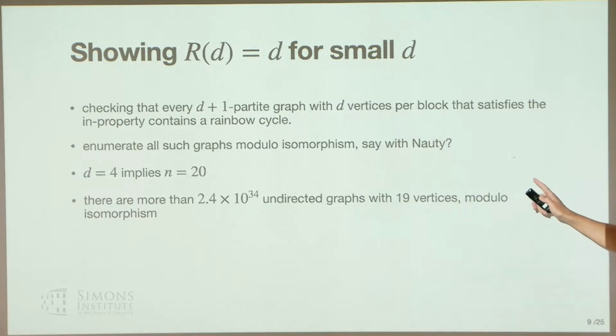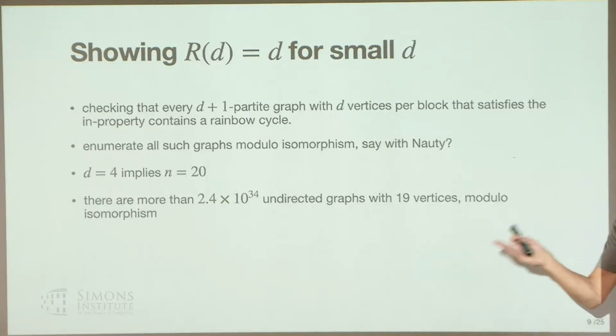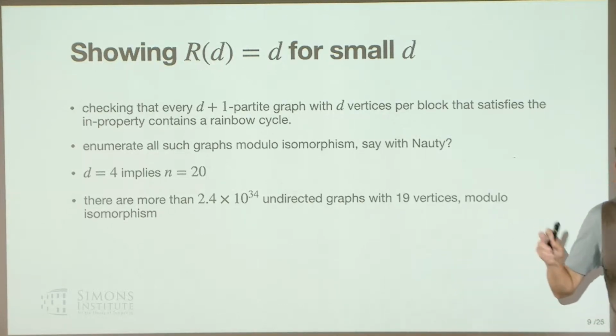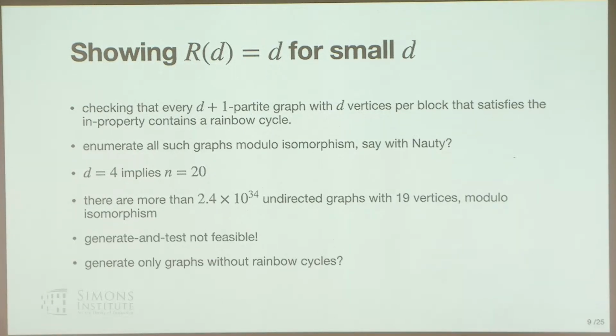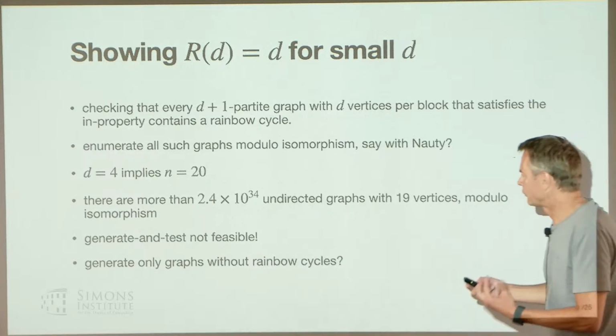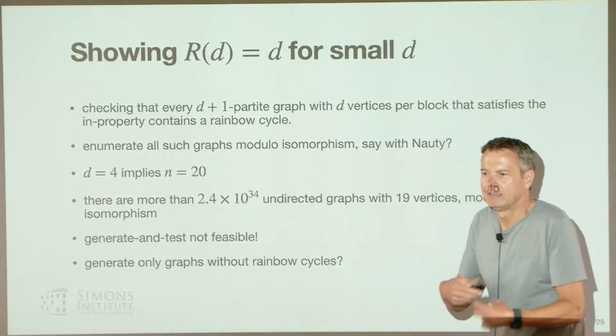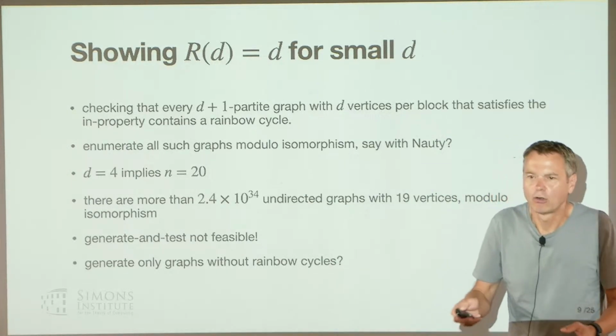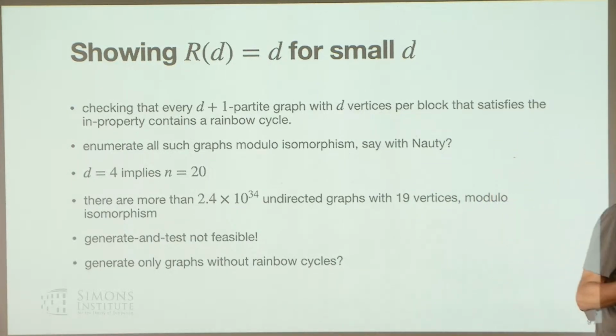One can also do degree constraints in Nauty, to be fair, and make it a little bit more efficient, but still, generate and test, generating all possible graphs and checking for each of them whether it contains a rainbow cycle, is not feasible. So it would be nice to generate only graphs without rainbow cycles, to take into consideration the properties that we want already in the generation process.